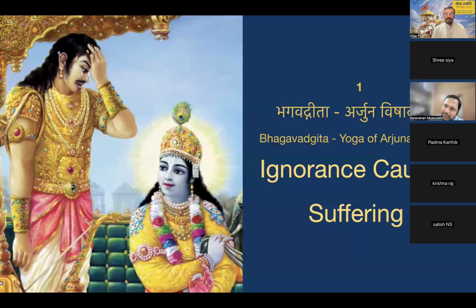That's how I see it. In every chapter, it is like that. So the yoga here is referring to the union of whom? Union of the Jivatma to the Paramatma. So every chapter, everything is a means to get to that Paramatma.